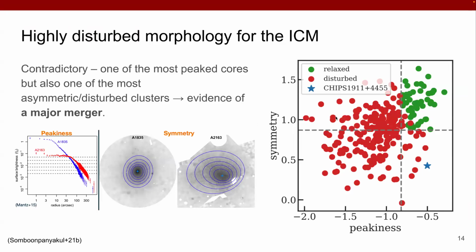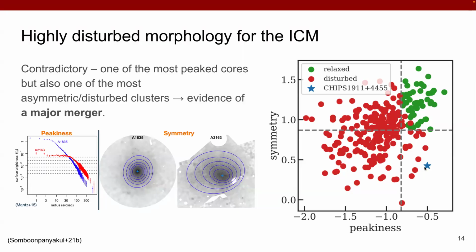So here is the morphology plot of all the galaxy clusters. Here is peakiness and here is symmetry. So basically almost all the relaxed clusters, the ones that are circular and very peaky, have to be on the top right side. So it has to be very peaky and very symmetric.